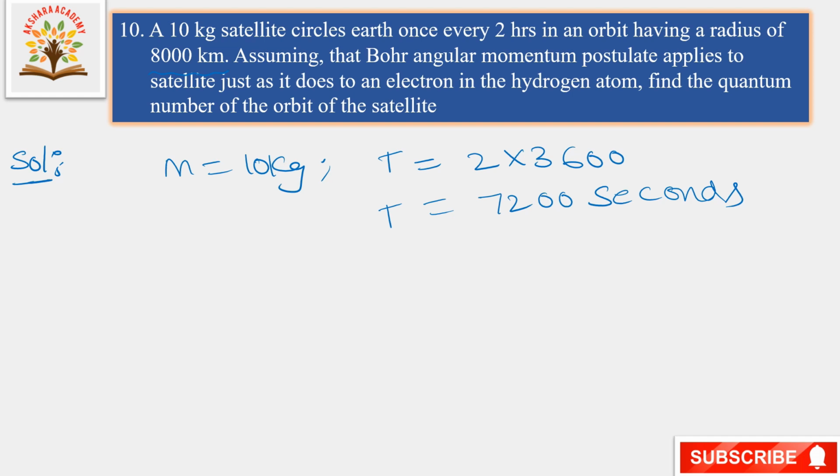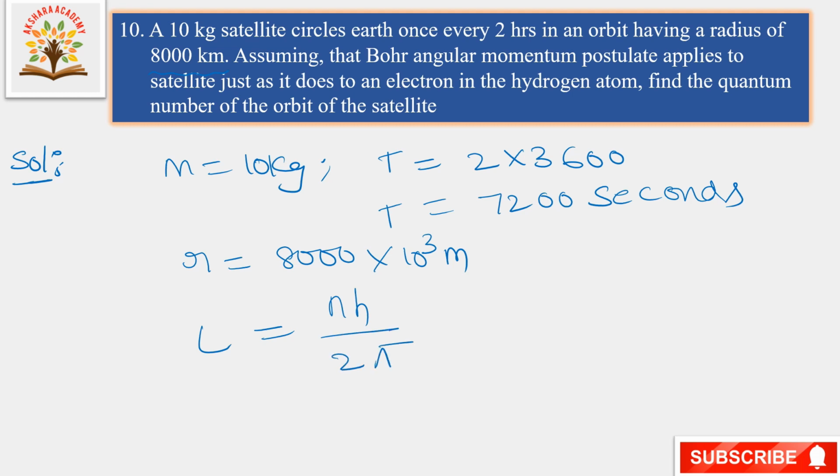So r is equal to, they given as radius 8,000 kilometers, converting into meters, 10 cube, multiplying with 10 cube. So the angular momentum L is equal to nh by 2 pi. L, angular momentum, is nothing but mvr, which is equal to nh by 2 pi.